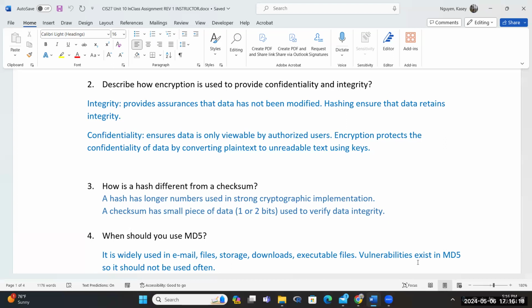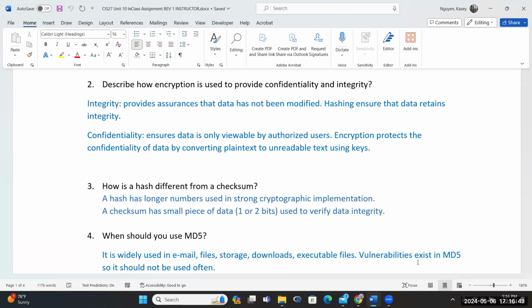A hash has longer numbers, and it's used for strong cryptographic implementation. So hash is often used for encryption. When you create a password, where your password is stored, there's a hash, right? A value for that password, because that password is then being encrypted for protection.